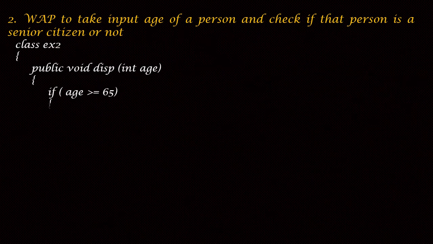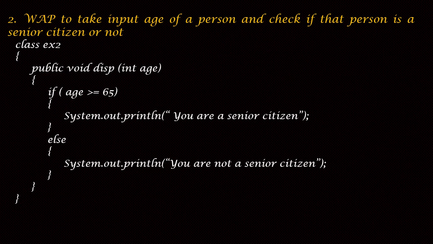Next, let us take up the second example, where we have to take input the age of a person and find out if that person is considered a senior citizen or not. So let us see the program. We are taking input the age of a person. Now what is the criteria for a senior citizen? That person should be at least 65 years or above. So I check whether my age value is greater than or equal to 65.